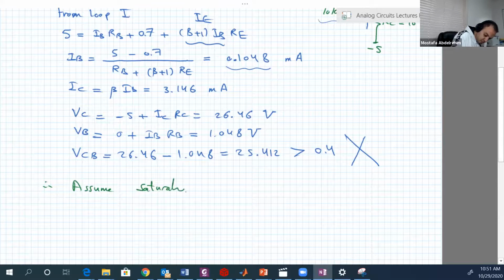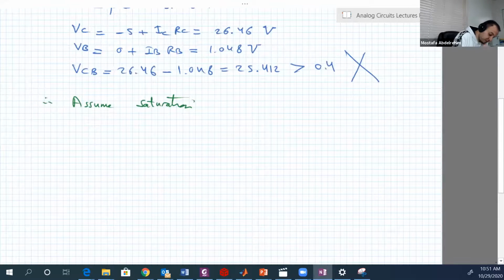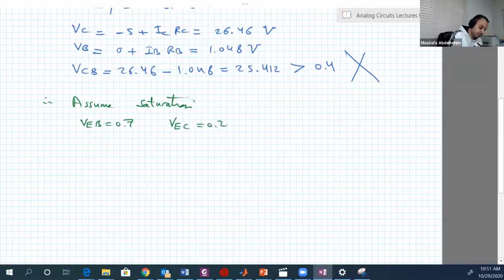In saturation, VEB is still 0.7. What else? VEC is 0.2. And again, IE is equal to IC plus IB.